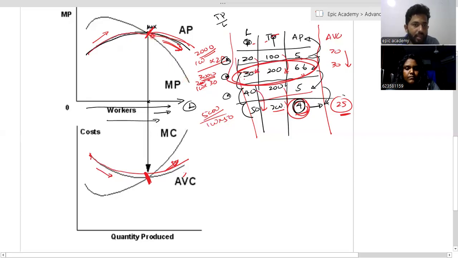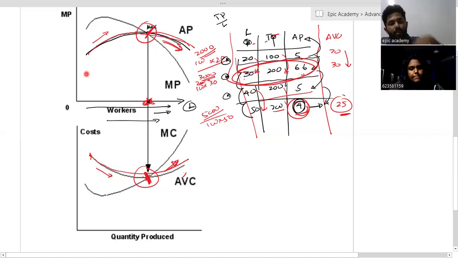Okay, that is why when the average production reaches the maximum point, marginal product crosses the line for the average. That's the theory. At that point, similar things happen in relation to the marginal cost also. If the average cost reaches the minimum point, marginal cost always crosses the line of average cost. It is similar.